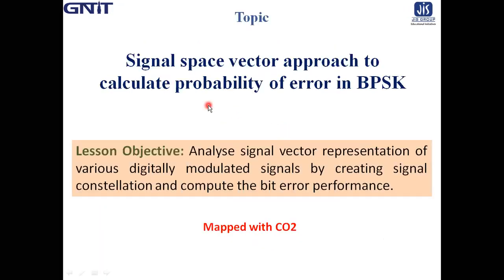And today we are going to discuss the signal space vector approach to calculate probability of error in BPSK, that is binary phase shift keying.